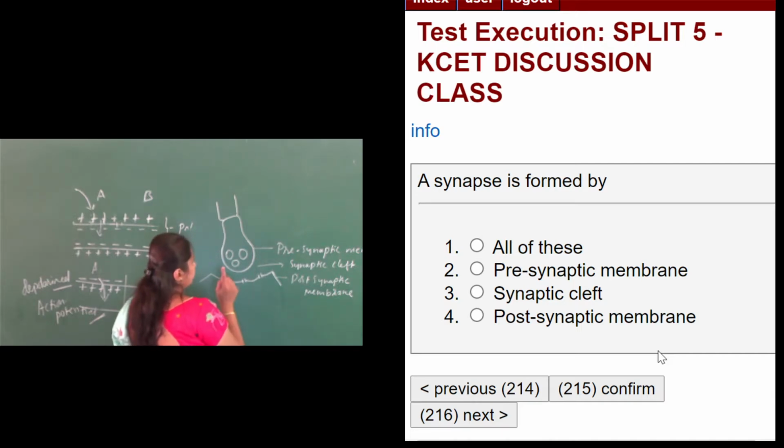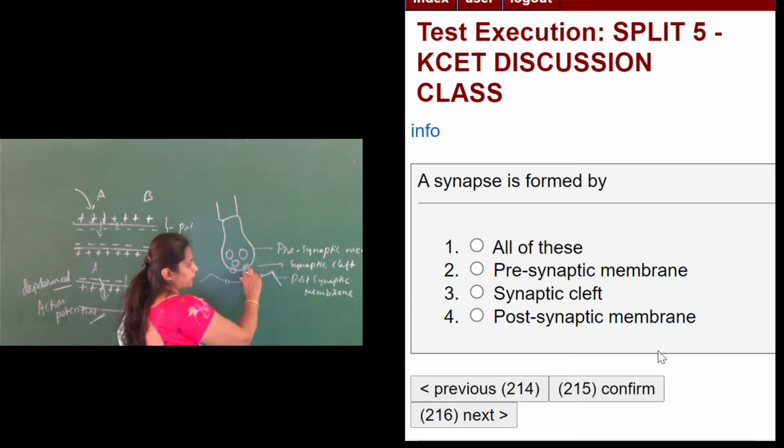So here a synapse is formed by a presynaptic membrane. What is the presynaptic membrane here? The presynaptic membrane, which transmits the impulse to the next neuron, is present before the synaptic cleft. What is present here?